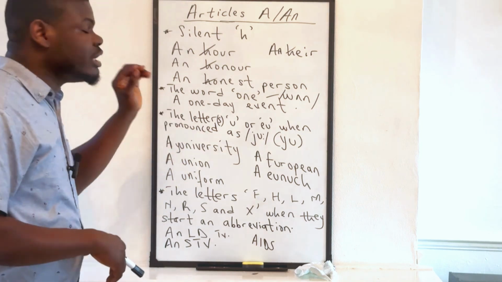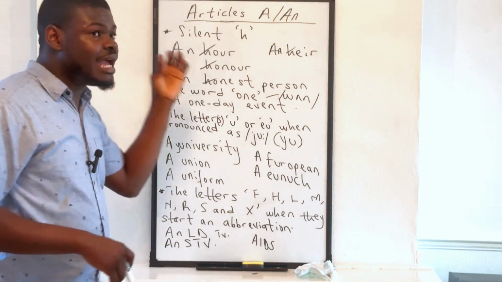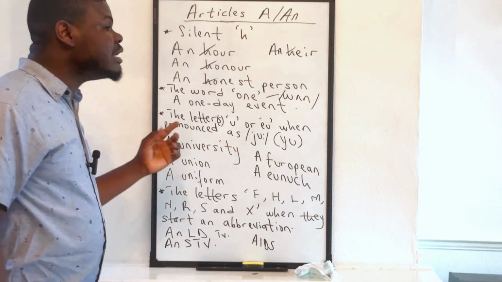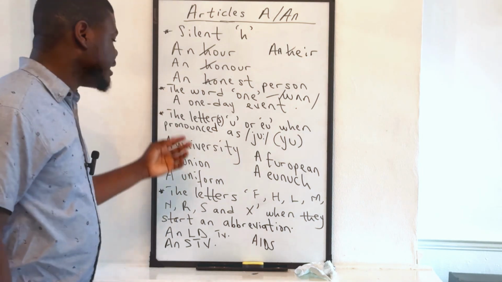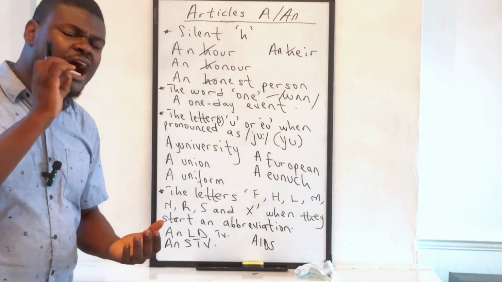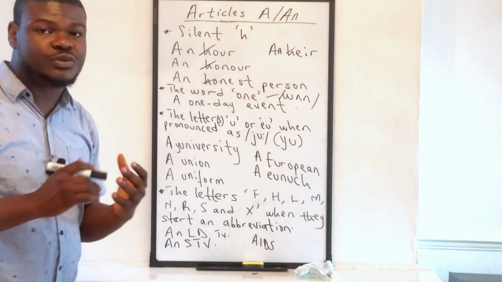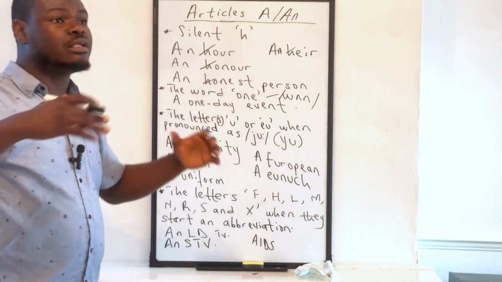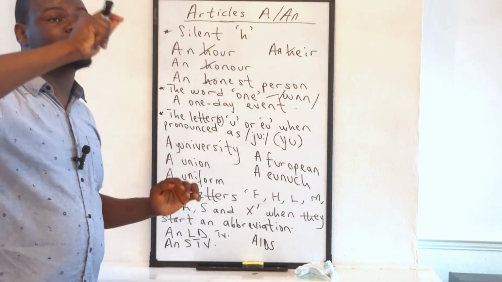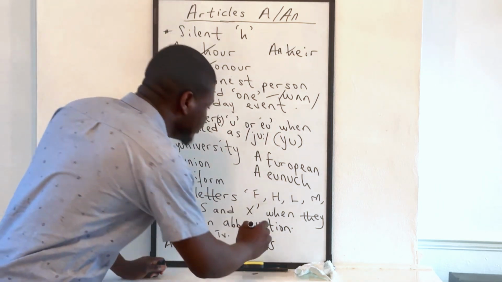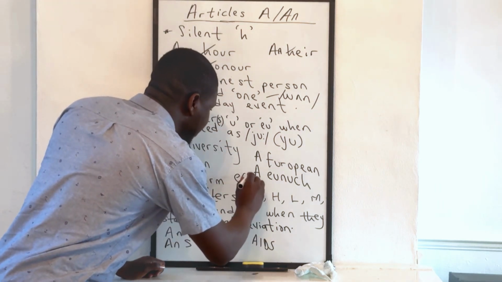Now, when you look at the letter F, the letter H, the letter L, the letter M, the letter N, the letter R, the letter S, and the letter X, you would realize that there is a vowel sound starting each of them. If you check the topic when I did letter names, and I was writing the pronunciation of each of these letters, you would see that for the letter F, what I wrote is "eff," yeah?